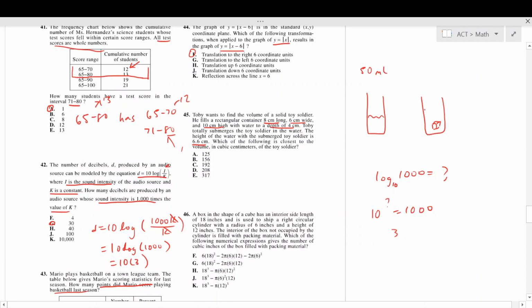So the water level goes up because now there's something inside. But the water has to go somewhere, right? The water can't just disappear just because the cube's there. The water level has to rise. So if this volume of water is 50 mils, and let's say this is 60 mils, then this cube must be 60 minus 50, 10 mils, right?